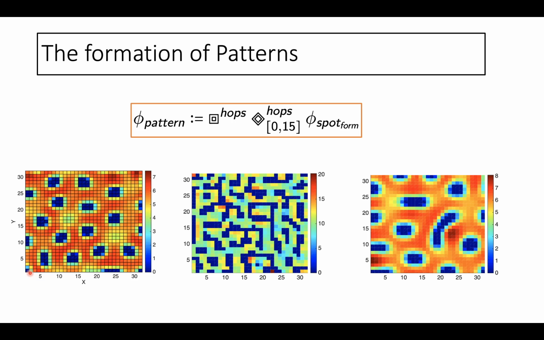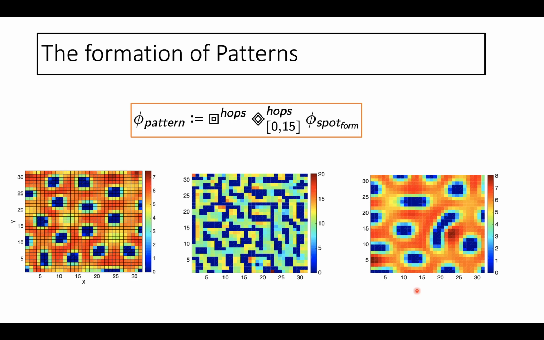Here we can see 3 different patterns that we can derive from the same reaction diffusion system, changing the diffusion constants. The first one is the one that we have seen before, and that permits us to have a pattern with the spots. If we change just a bit the diffusion constant, we can have very different patterns as the one in the middle, and some similar but with a bit different kind of spots as the one on the right.